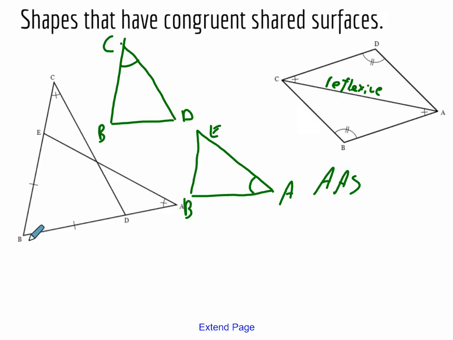I know that BD, which is on this triangle, is the same as BE. And then I only have two things, but I need three. Oh, good thing I drew them separate, because I could say angle B equals angle B here for angle, angle, side.